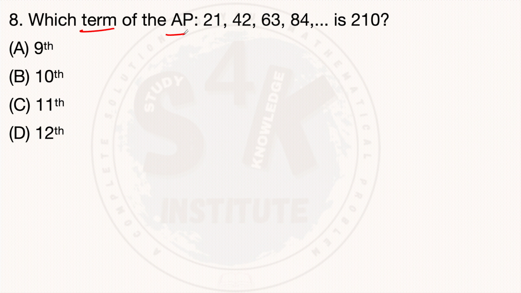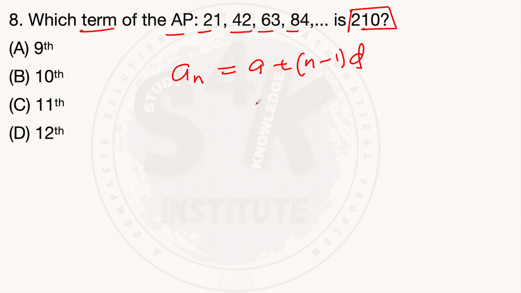Which term of the AP is 210? Okay, this is an AP and 210, so they're asking for which term it is. So basically the n value they are asking. An is given, a is given, n is not given, and d is given. So let's do this. An is given to you as 210 equal to a value is 21 plus n value is not given and difference is given, so difference will be, I think, 21.